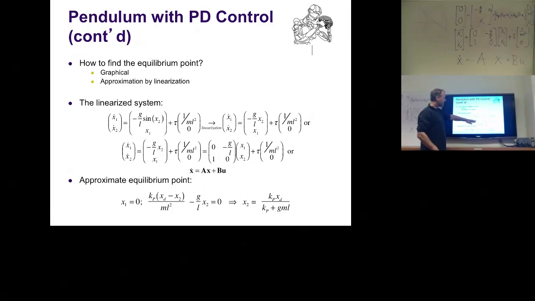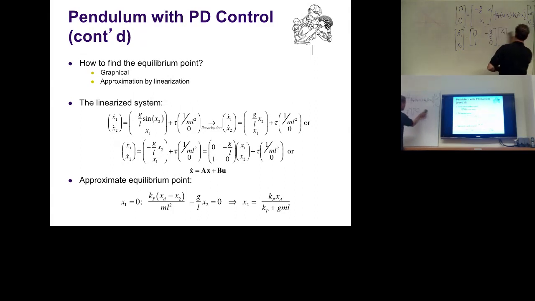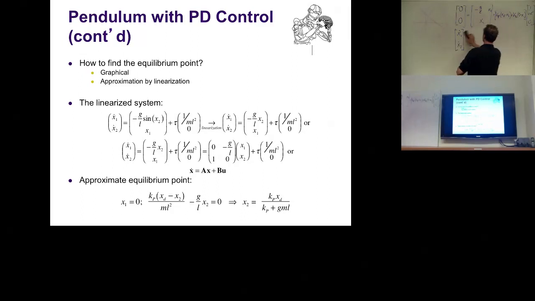Now, let's go back to what we want to do. We wanted to find the equilibrium point. So I'm back to this equation up here. And now I basically want to solve things, which is nice. Let me get rid of all of this here. Don't need this anymore. I really want to focus on the equilibrium point again.